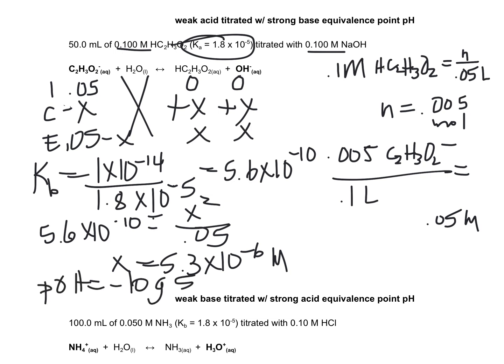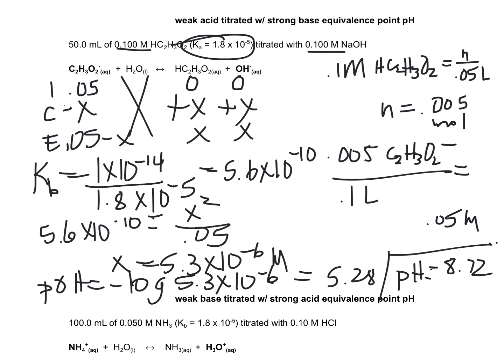Negative log of 5.3 times 10 to the negative 6th gives a pOH of 5.28 and then a pH of 8.72, which makes sense because we said when we have a weak acid that is titrated with a strong base, we get a basic salt and we should see a basic solution.